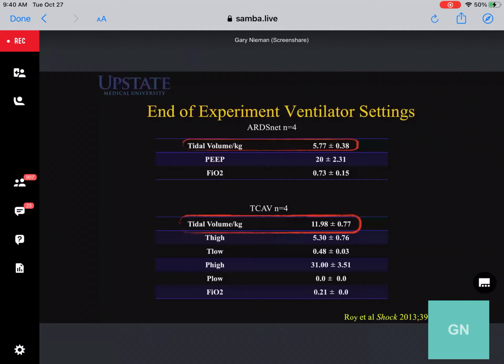P low with the TCAV method is always 0. We measured the tidal volume, but we didn't set it. And the tidal volume at the end of the study, end of 48 hours, was 12 cc's per kilo. So you would think that the TCAV method would be very injurious, and the ARDSnet low tidal volume would have been far superior. But let me show you the results.